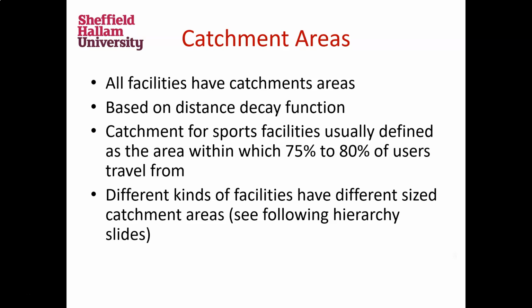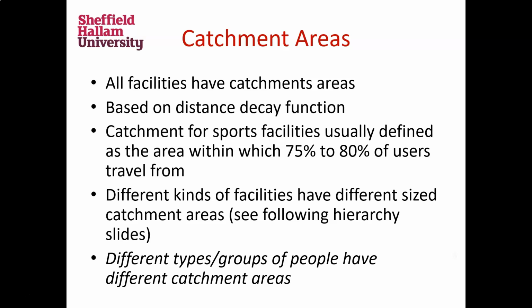So we're going to look at some of this in the following slides. And also, importantly, different types or groups of people have different catchment areas. So in some communities, we have very high car ownership levels, and that means people are more mobile or more able to travel.